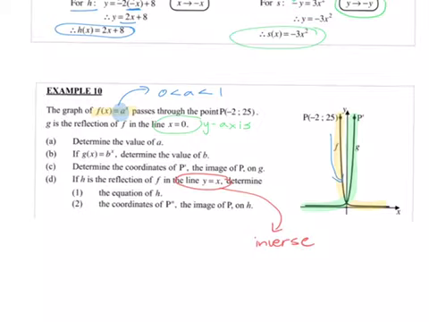And then if h is a reflection in the line y equals x, so the inverse, we need to determine the equation of the inverse, and then the coordinates of p double prime, or second prime, and that means that p has been reflected along that line y equals x. Okay, so on the next slide, it's going to have all the answers up. We're going to work through.